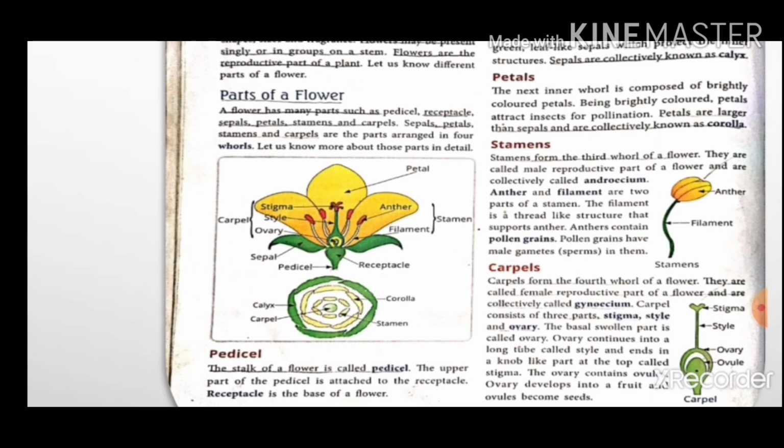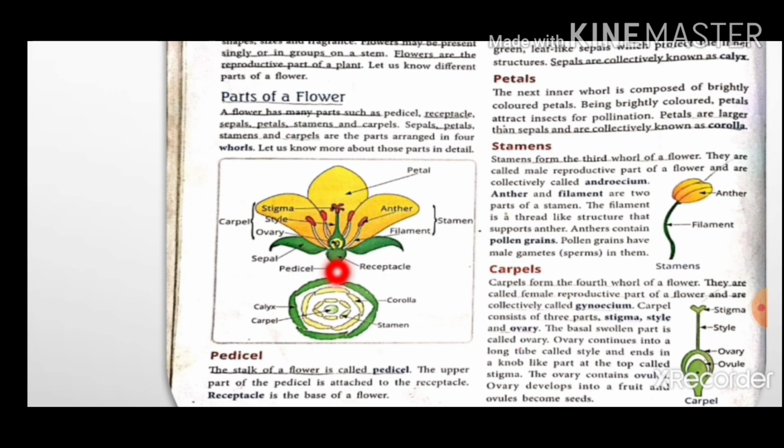Pedicel. The stalk of the flower which is attached to the plant is called the pedicel. The upper part of the pedicel is attached to the receptacle, which supports all the floral parts of the plant.